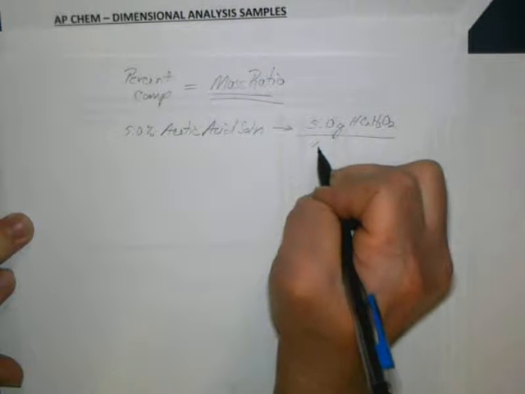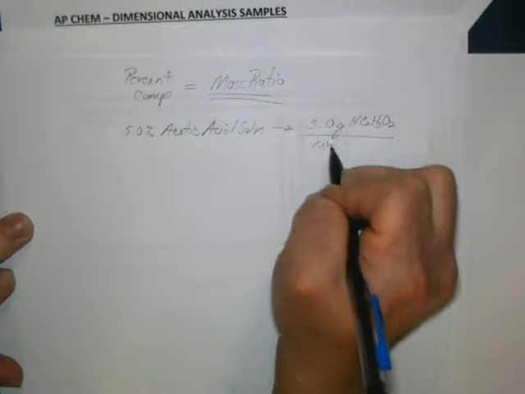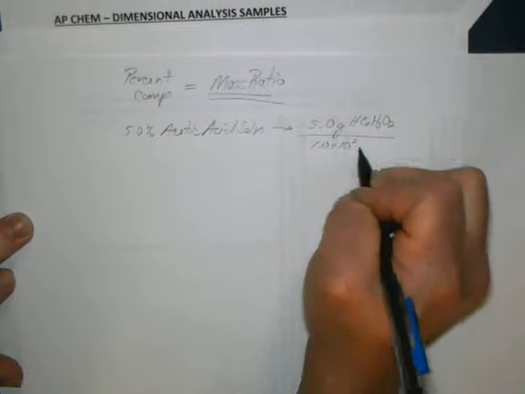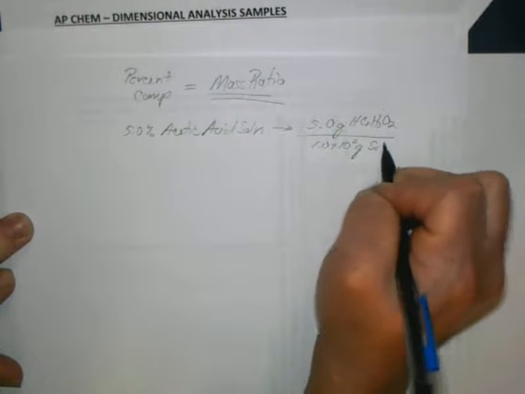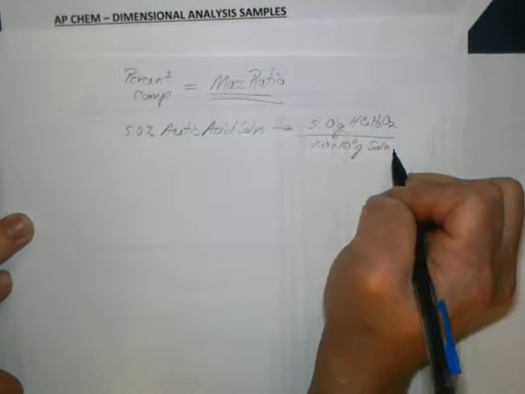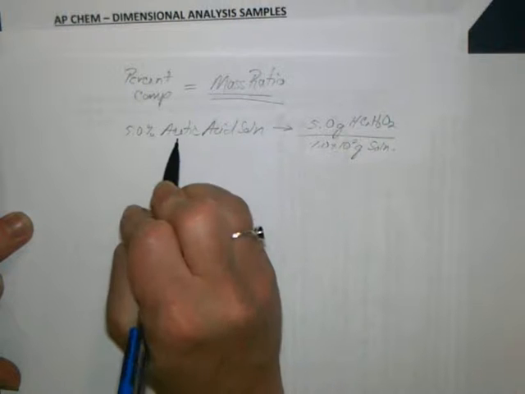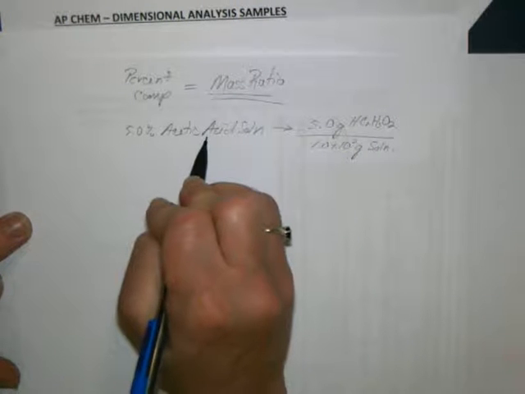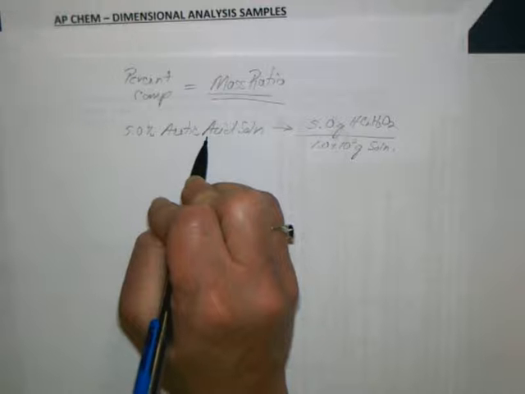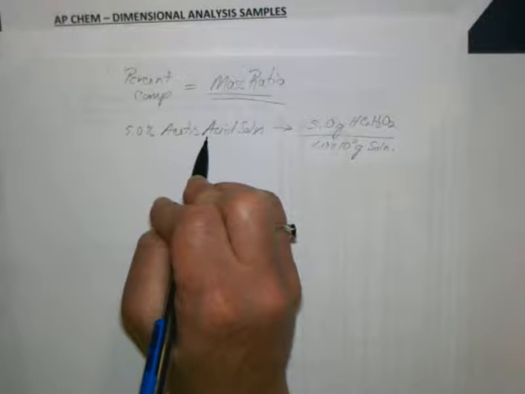Now, to respect sig figs, this would be 1.0 times 10 to the second grams of the solution. Now, a solution is a homogeneous mixture made of a solute, in this case acetic acid, dissolved in a solvent, which is water if it's a liquid solution unless otherwise told.